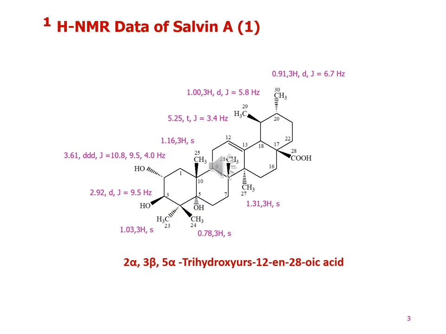In addition, 5 tertiary methyls were observed as singlets at sigma value 1.31, 1.16, 1.03, 0.99 and 0.78, while doublets of two further secondary methyls were observed at sigma value 1.00, 3 protons, that is doublet, and J value is 5.8 Hz, and 0.91, 3 protons, doublet, and J value is 6.7 Hz. The above data was consistent with an ursane type triterpene carrying a double bond at carbon 12 position.